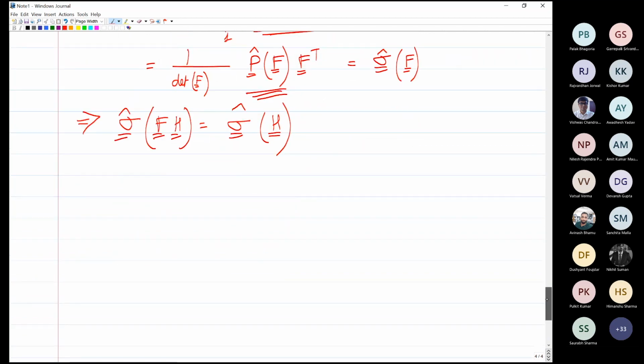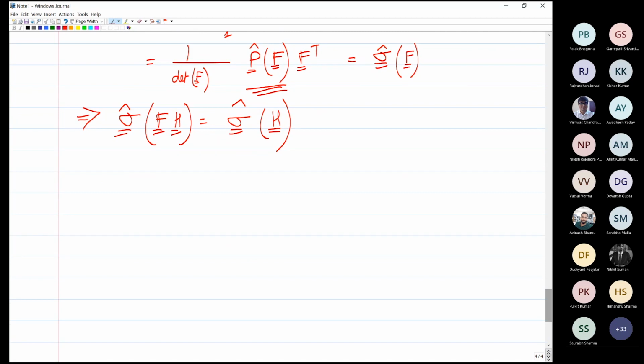Okay, now let's think of it in terms of psi hat. In terms of psi hat, objectivity implies psi hat of F is equal to psi hat of QF, right?